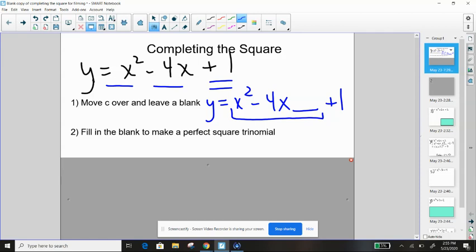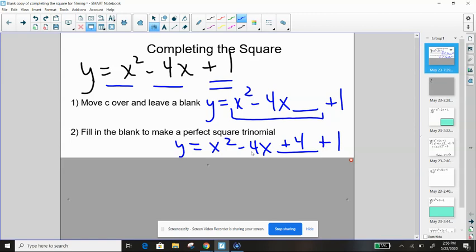So the way we're going to make that perfect square trinomial is we're going to take half of our middle term and square it. So I get y equals x squared minus 4x. Half of 4 is 2. 2 squared happens to randomly also be 4. And so I'm going to fill that blank in.